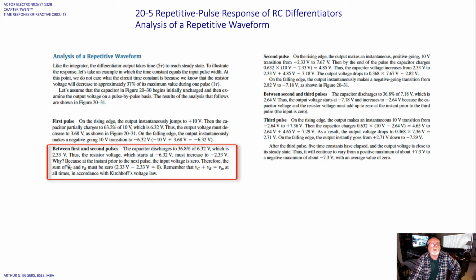Therefore, the sum of the voltage on the capacitor and the voltage on the resistor must be zero, so 2.33 volts minus 2.33 volts gives us zero mathematically. Remember that V sub C and V sub R must equal V sub in at all times in accordance with Kirchhoff's voltage law.